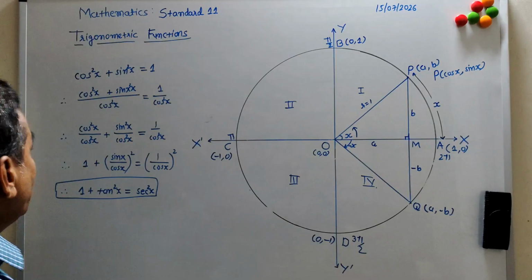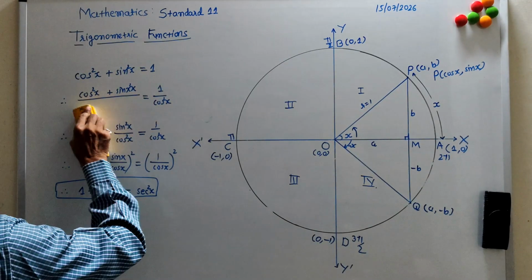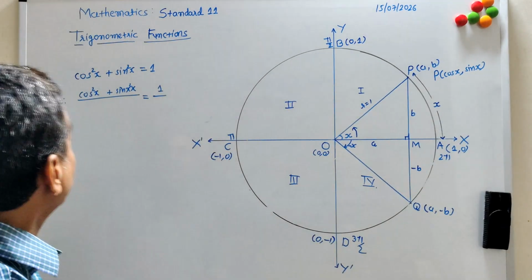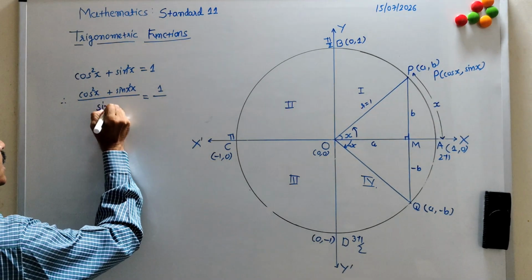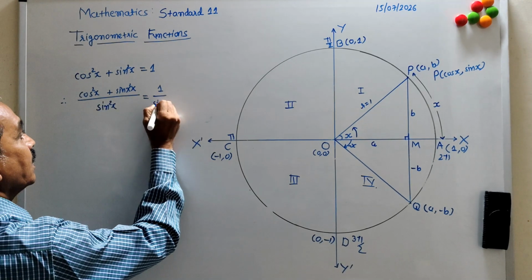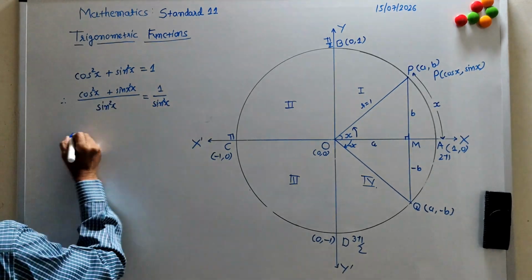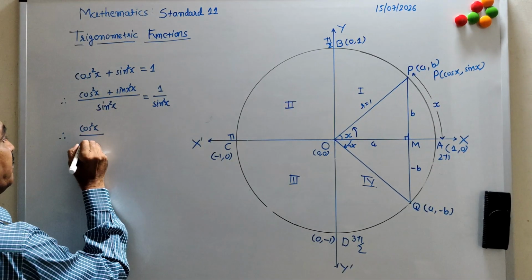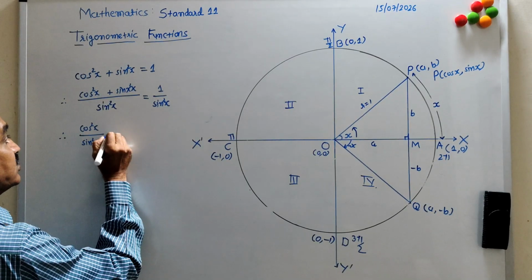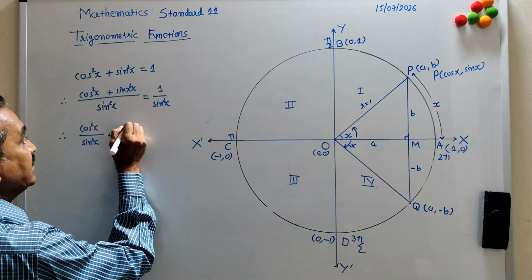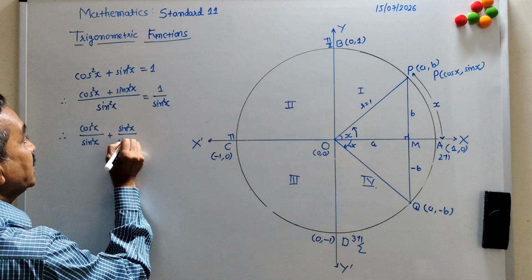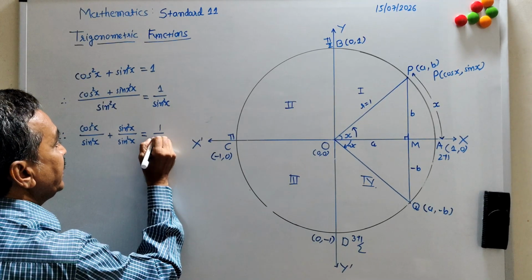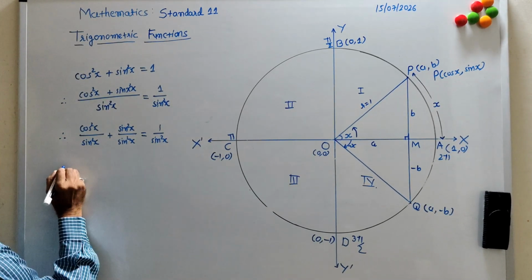Now the third one, if we divide this by sin square x, therefore cos square x divided by sin square x plus sin square x divided by sin square x is equal to 1 divided by sin square x.